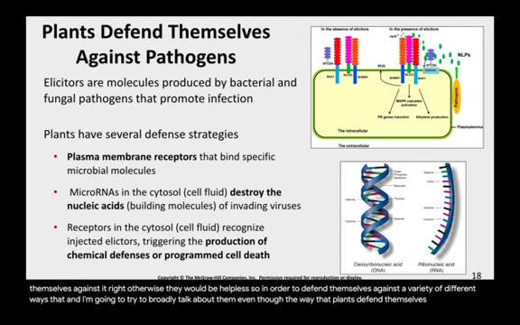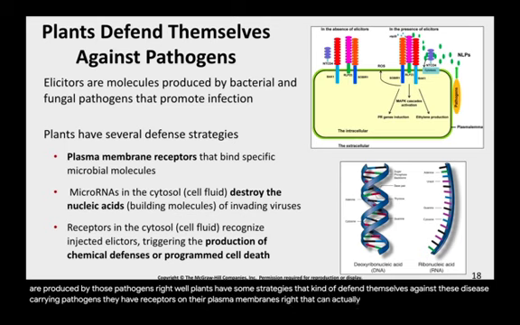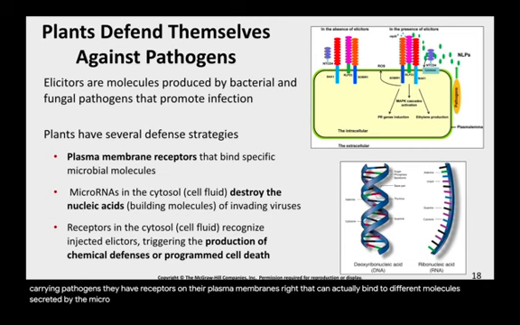So elicitors are molecules that are produced by those pathogens, right? But plants have some strategies to defend themselves against these disease-carrying pathogens, right? They have receptors on their plasma membranes that can actually bind to different molecules secreted by the microbes and basically tell the plant that, hey, there is a microbe here, I need to do something about it, right?